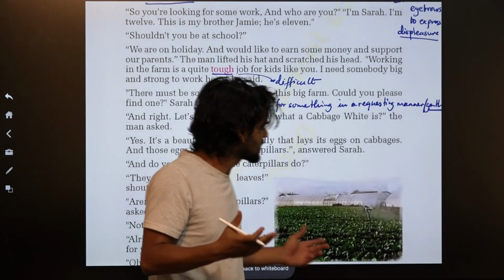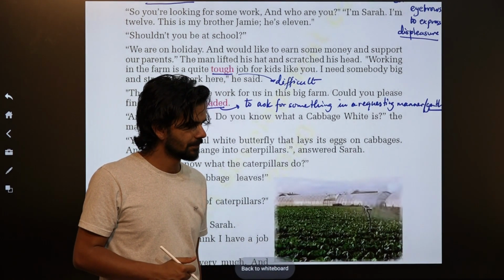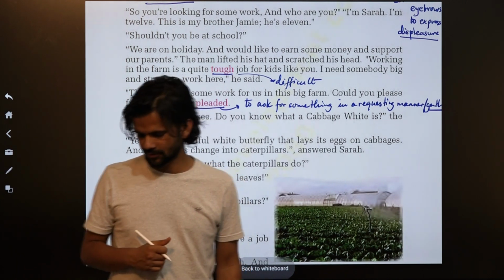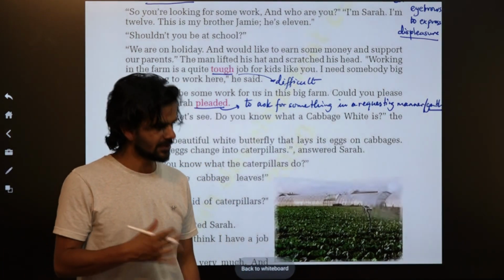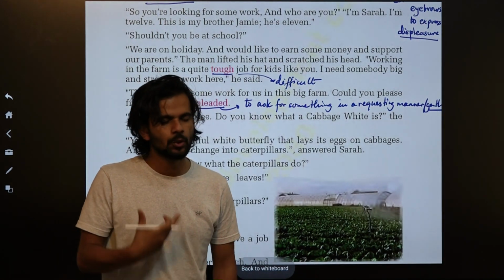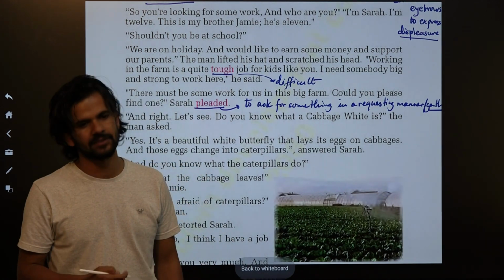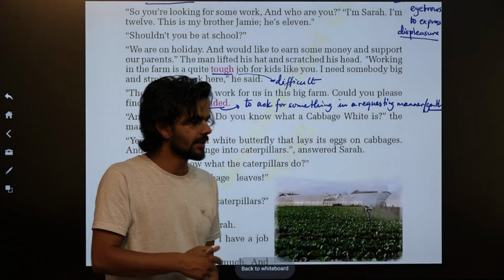There must be something that we can do, and maybe we can make a little bit of money. So she requests. Who? Sarah requests. Could you please? That's the way of making a request. Could you please? Remember this. So in English, if you want to make a request, you can say, could you please?